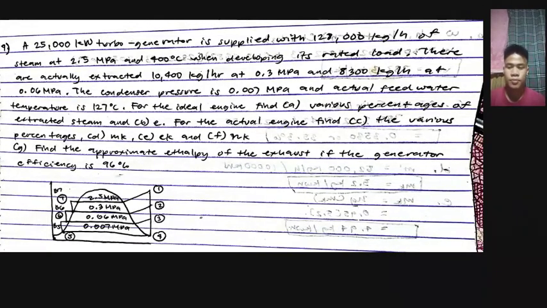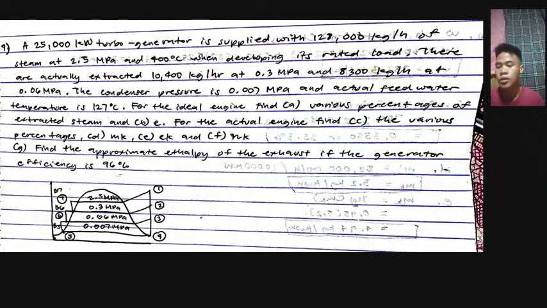Okay, next, number 4. A 25,000 kilowatts turbo generator is supplied with 128,000 kilogram per hour of steam at 2.5 MPa and 400 degrees Celsius when developing its rated load.